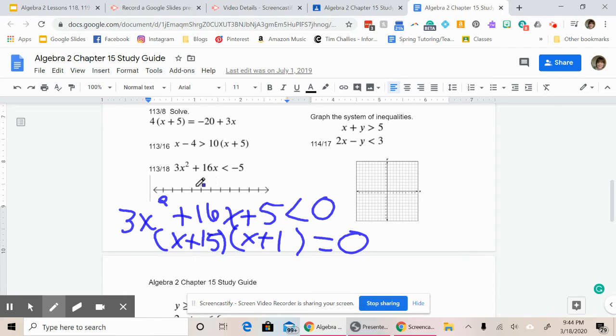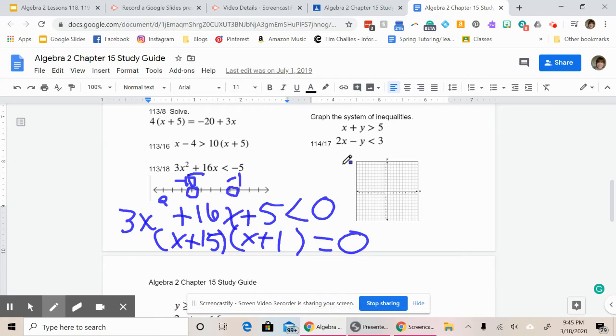Those would go on the number line, and we would actually want open circles. So I'm going to do that and do an open circle and another open circle. This one would be -15, and this one would be -1.